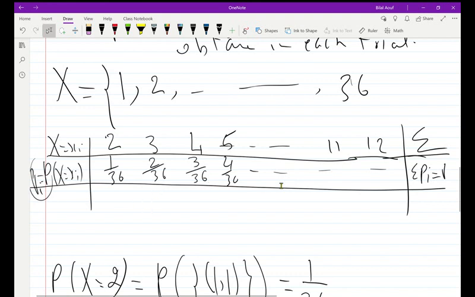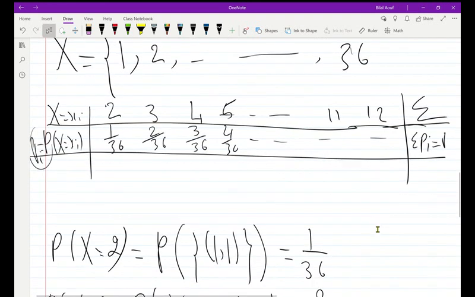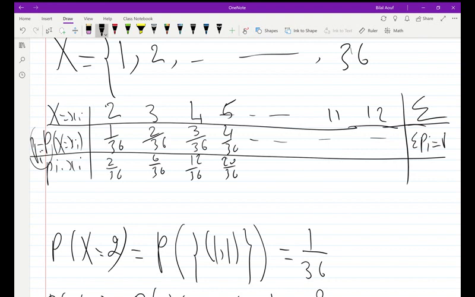From this table we are also able to find the mean of x, variance of x, and standard deviation. How to calculate them? It's similar to the frequency table. I do the product between pi and xi. So I multiply x by p. It's 2 over 36, 6 over 36, 12 over 36, 20 over 36, all the way to here.